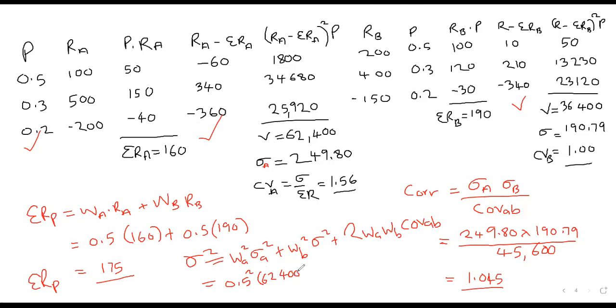If I was getting the standard deviation, I'd have squared it. Are you following me? Yes. So don't ask why I haven't squared there. If I pick this one, 249.8, I would square it to get back to the same thing. And the variance for asset B, 36,400.